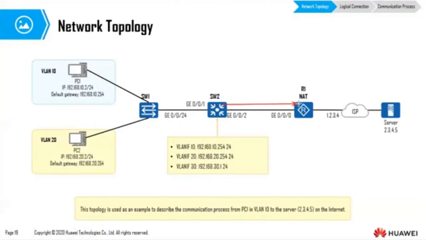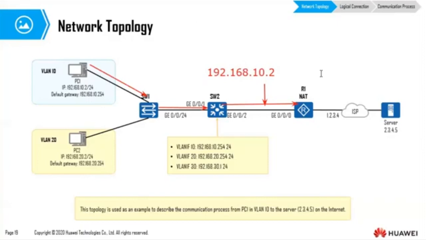When this packet from PC1 gets here, what is the source IP address? The IP address of PC1, right? And this is called a private IP address, right?